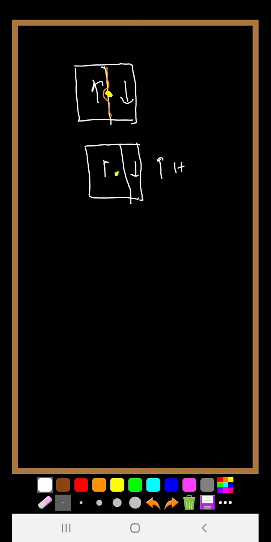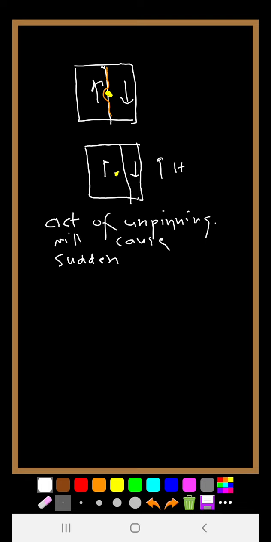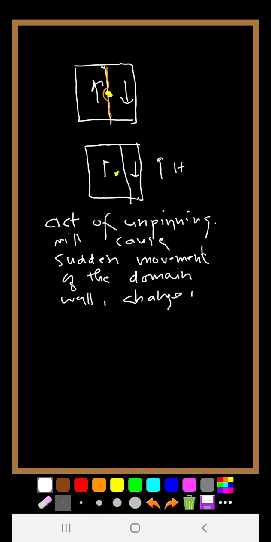This act of unpinning will cause sudden movement of the domain wall, and a sudden change in the volume of the neighboring domains.